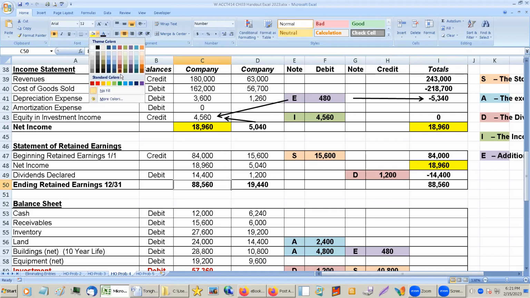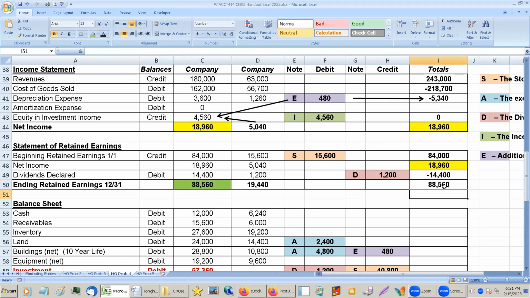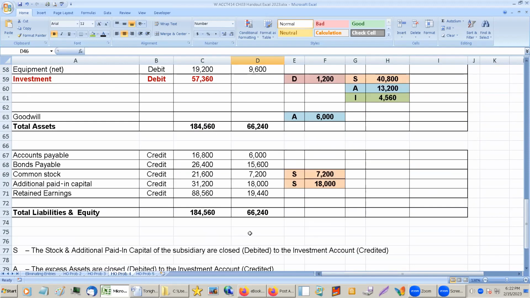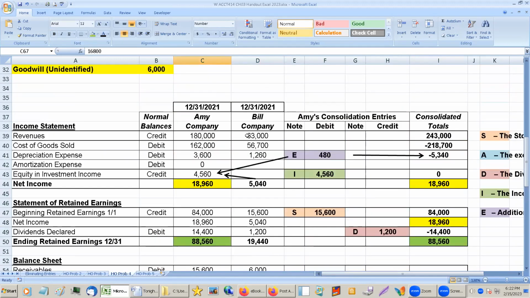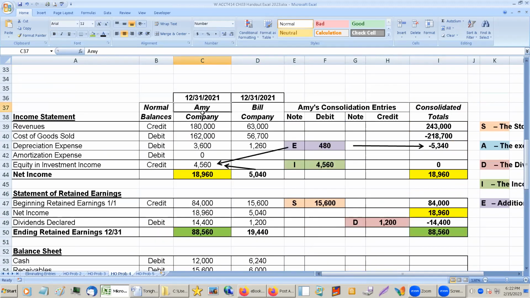And remember that there are no shareholders out there in the market. The only people that know about Bill Company, the only people that have any interest in it, is the Amy Company. This company does not exist out to the public, or to shareholders, even private shareholders.